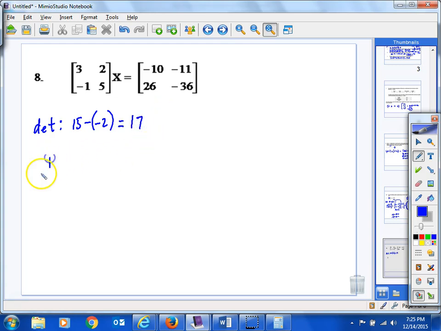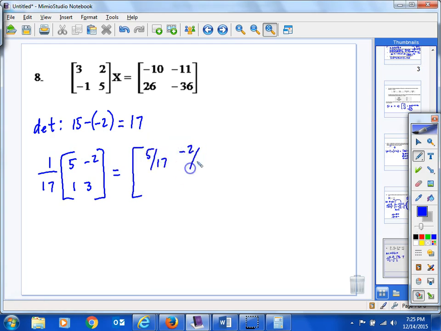To find the inverse, it's 1 divided by that number times, this is where you change the elements around, switch places with the 3 and the 5, change the signs of the other two, and now multiply by 1/17. 5/17, -2/17, 1/17, and 3/17. So you have just found the inverse.